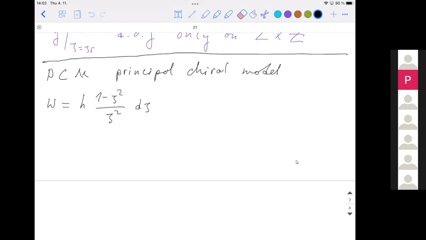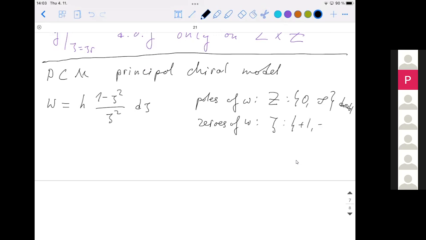So here the omega is like this. Then that means the poles of omega are either 0 or infinity, and this is a double pole, both of them. And then the zeros of omega are either +1 or -1.